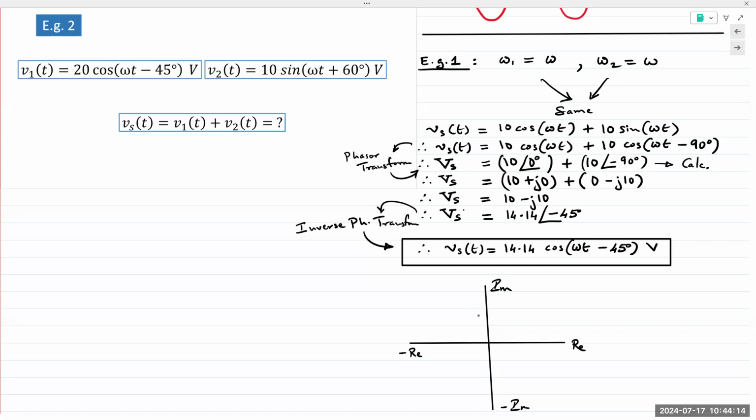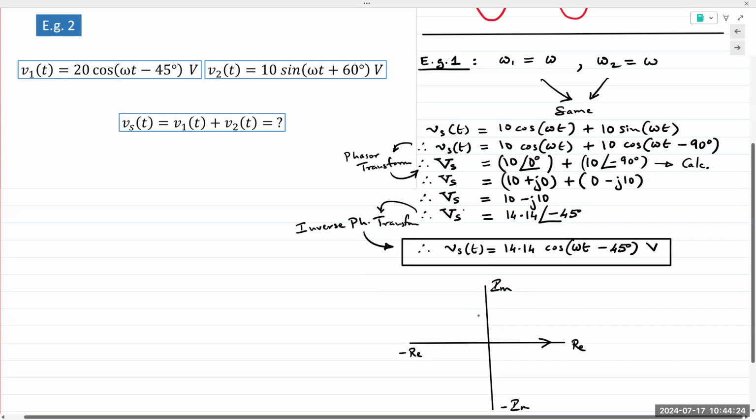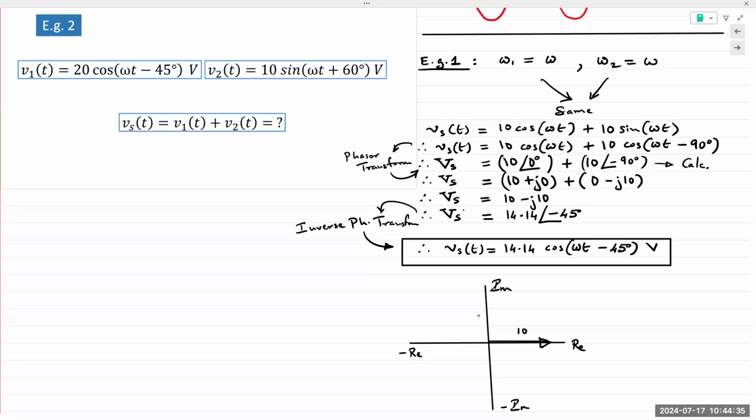You first find the angle, just draw an arrow, and note down the length. 0 means it's lying flat on the real axis. So my vector is right here. 0 degrees and a length of 10. That's it.